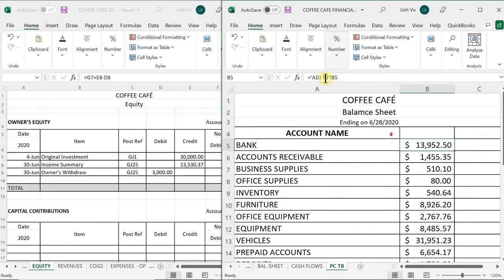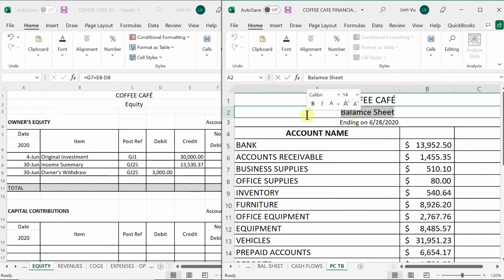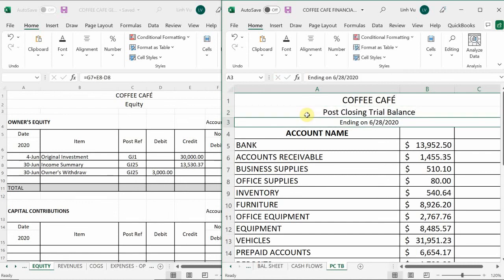I'm going to reformat it, right, because there's a few things I have to do, right? This isn't the balance sheet, this is post-closing trial balance, okay? As of June 30th, 2020. So again, now all I have to do is just change the headings, right?